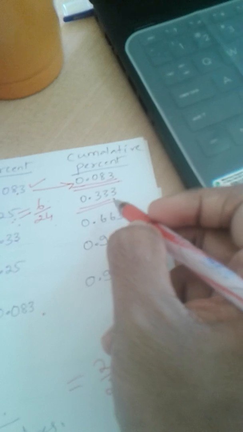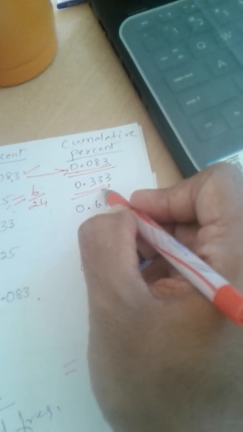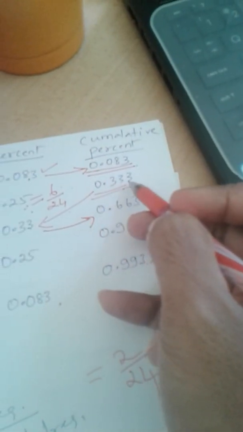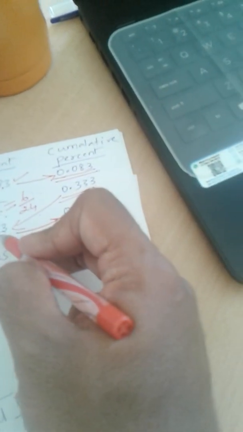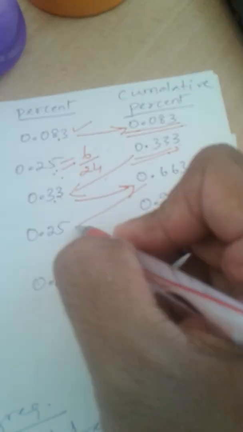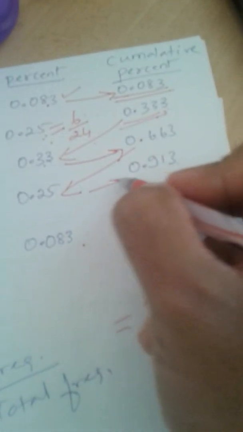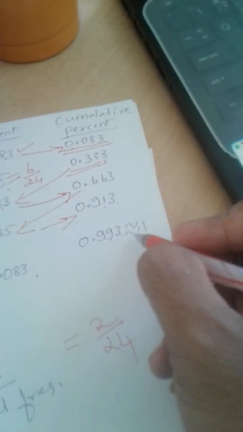Similarly, if we add this with this, we get 0.663, that is 0.333 plus 0.33. Next we add this with this to get the next cumulative percent, and finally the cumulative percent is approximately equal to 1.